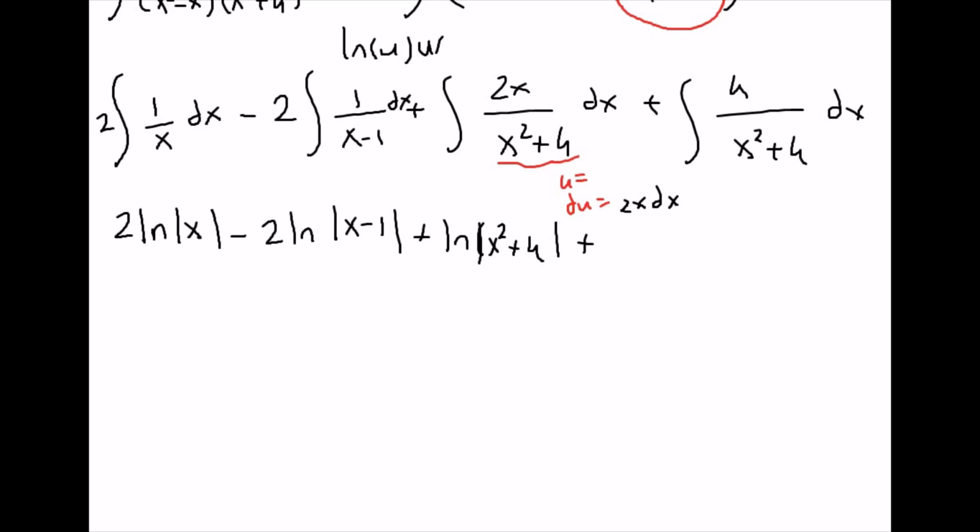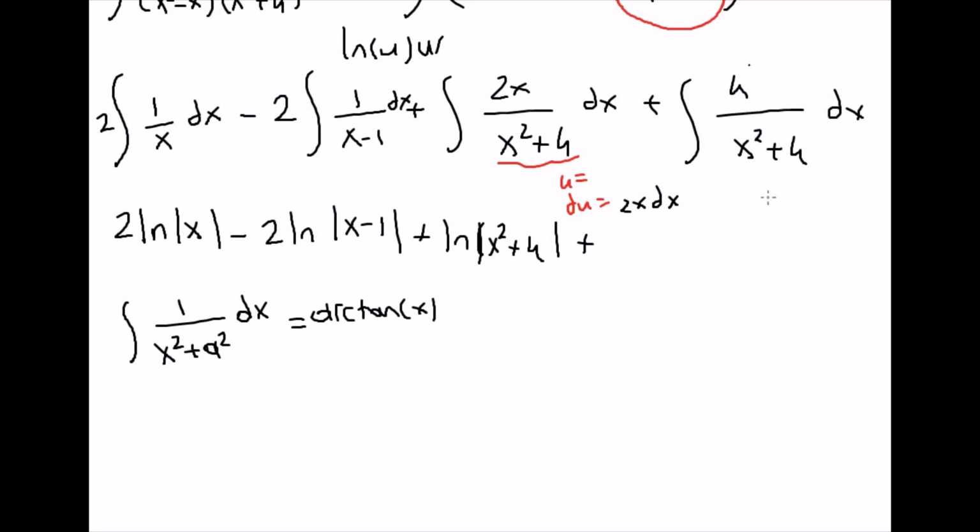For the last part of the integral, we're going to use the pattern of arctangent. We should remember that the integral of 1 over x squared plus a squared dx is equal to arctangent of x, with a constant a.